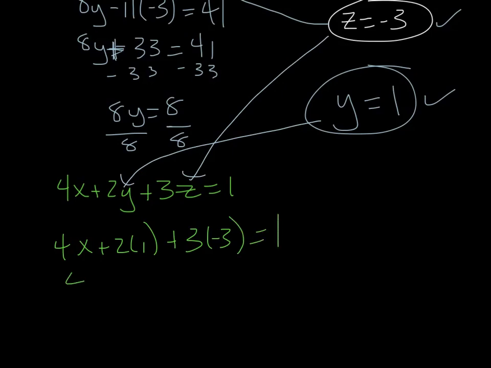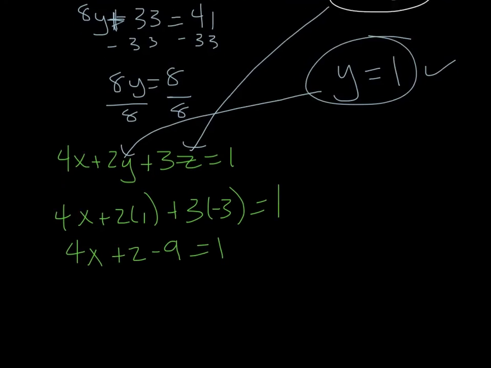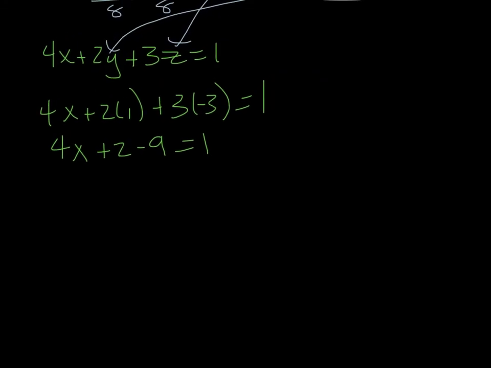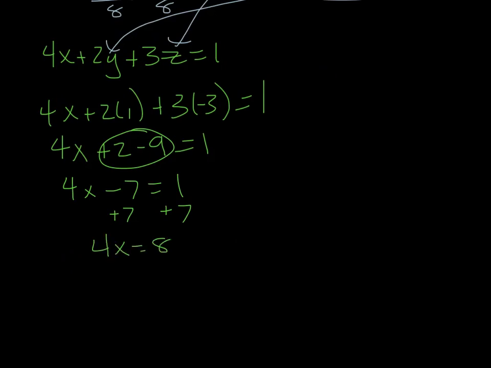So I can simplify a lot of this, right? 4x plus 2 minus 9 equals 1. And really, I can keep going here. If I combine these, I'm going to get 4x minus 7 equals 1. This is a pretty easy equation to solve now. Plus 7, 4x equals 8. Divide by 4, x equals 2.